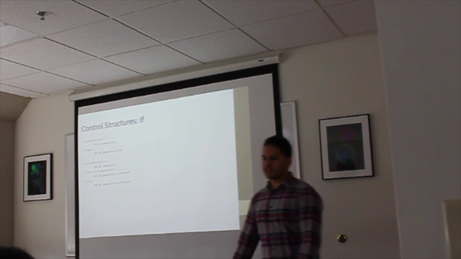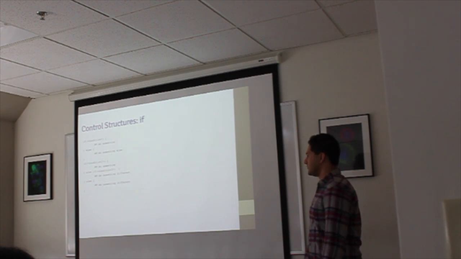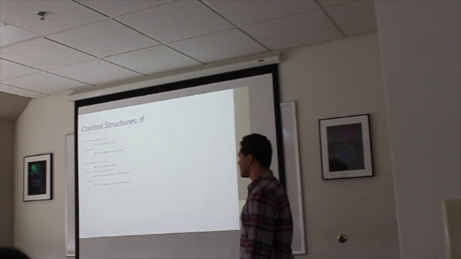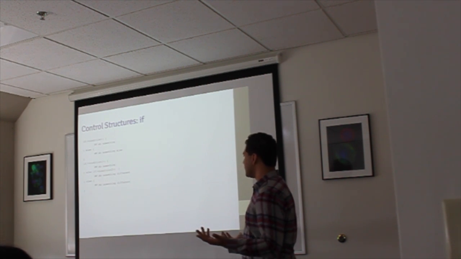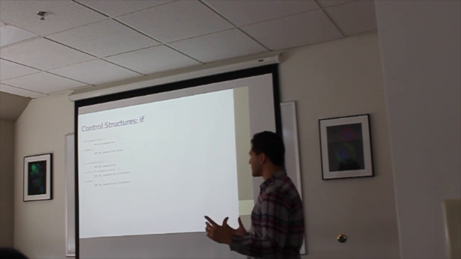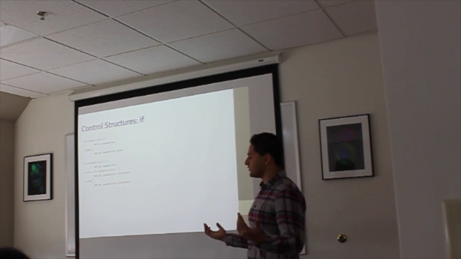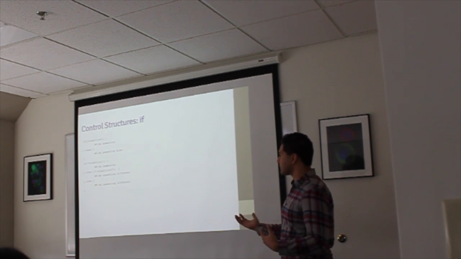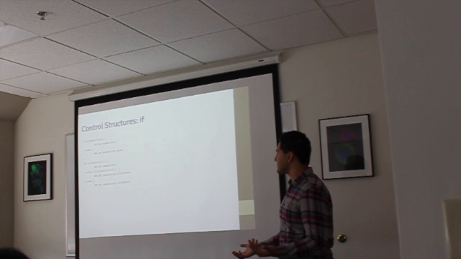Alright, so if, this is probably the most intuitive of them all. The general structure of an if control structure is you have if, and then in parentheses you follow it up with some sort of condition. This has to evaluate to a Boolean, either true or false. And then in the brackets following it, you have some sort of commands.